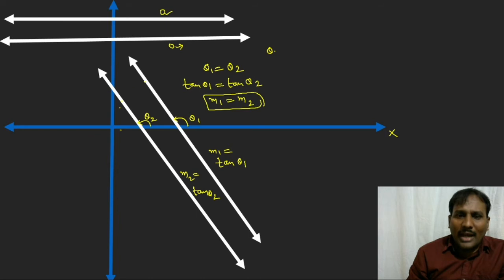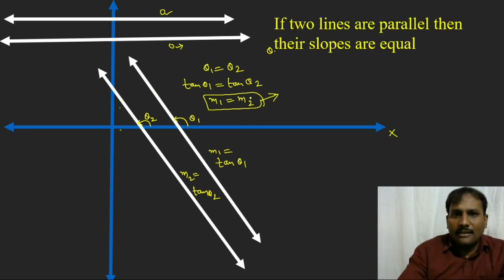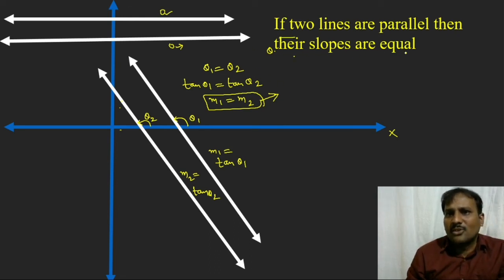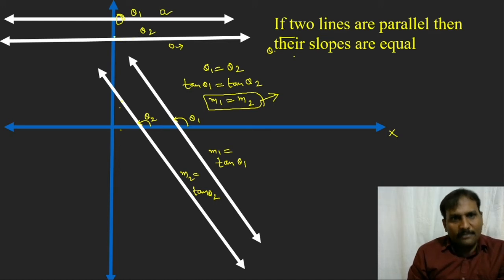So if two lines are parallel, then their slopes are equal. Here also, theta 1 and theta 2 are the angles they make with the x-axis. So tan theta 1 equals tan theta 2, therefore M1 is equal to M2.